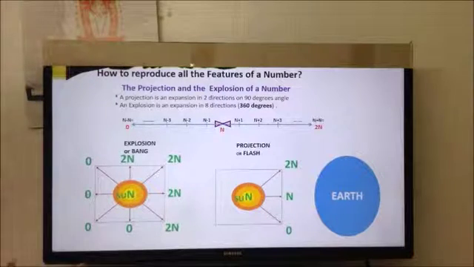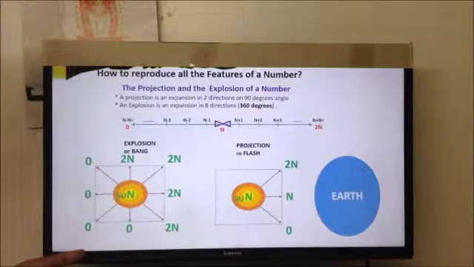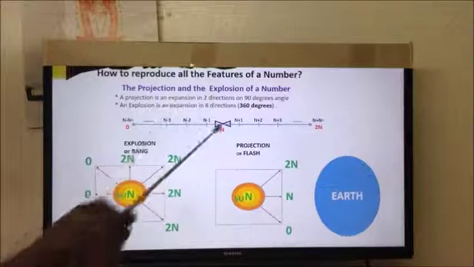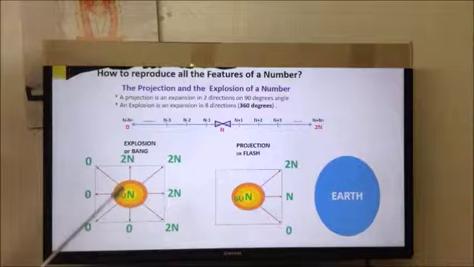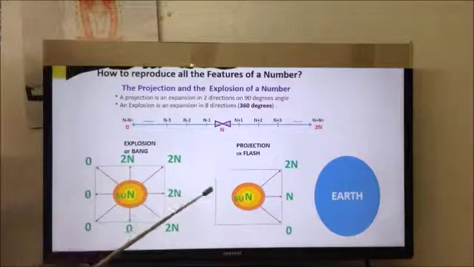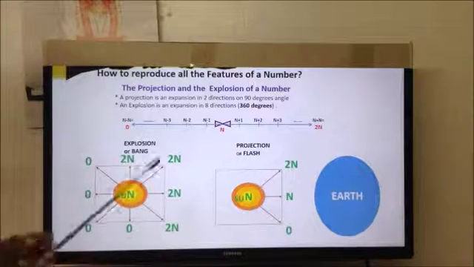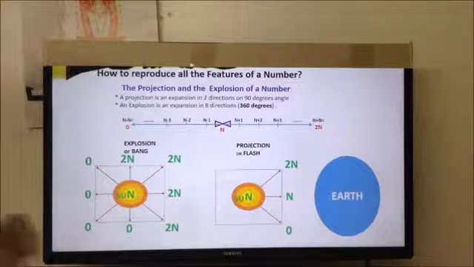But if you take the sun as a whole, when it is radiating the light, then all the radiation becomes an explosion because it's all around, 360 degrees. So, in short, a projection is a portion of an explosion. An explosion is bigger.